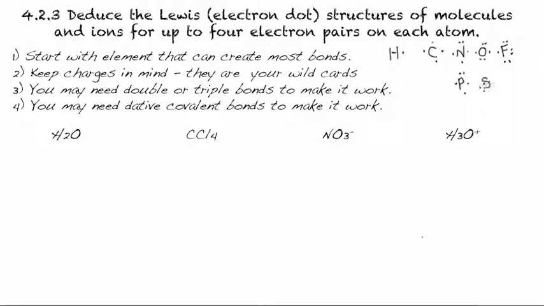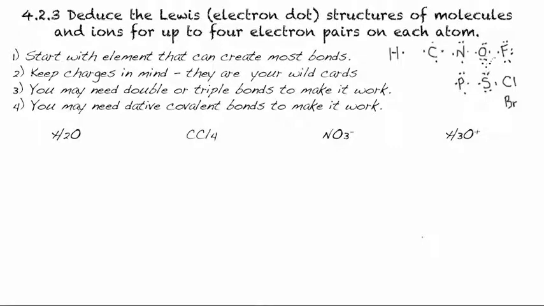And sulfur is in group 6. It has exactly the same Lewis structure as oxygen. And then all of the halogens have the same Lewis structure as fluorine. I'm not going to draw that one in. They all have 7 valence electrons.